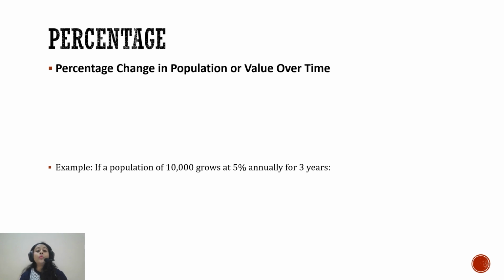We often want to calculate the percentage change in population over time, given a particular increase or decrease in population growth rate, because calculating population over a particular period of time is very important for the economy, right? So given a particular percentage growth rate of population, we often find out what will be the population after 3 years, after 5 years, after 10 years. So we will see the formula.